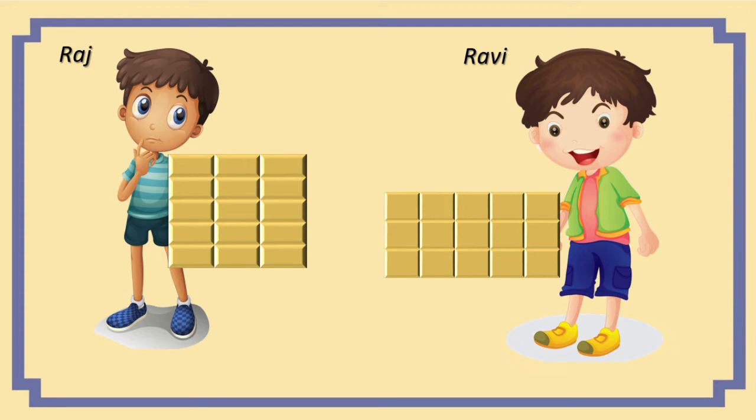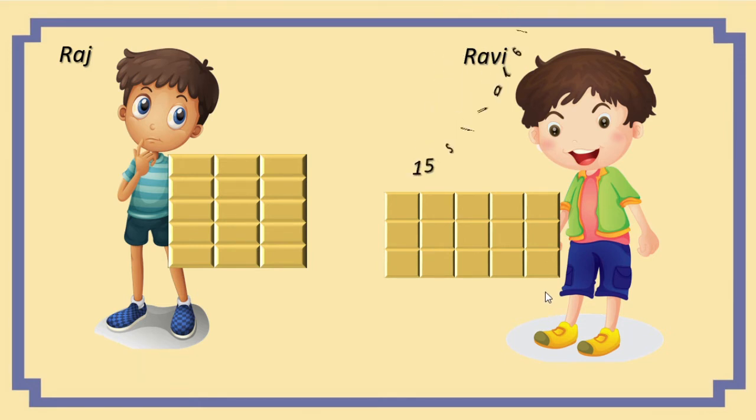Now, here one method is there. Yes. Now, we will count the squares. Both of them have the same type of chocolate. The squares are there on both the chocolates, isn't it? We will count them.